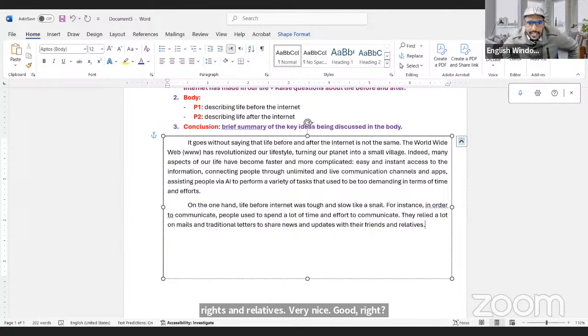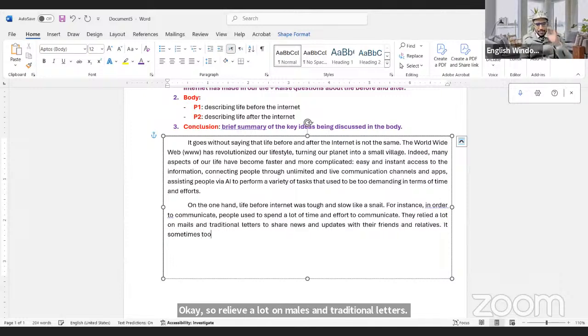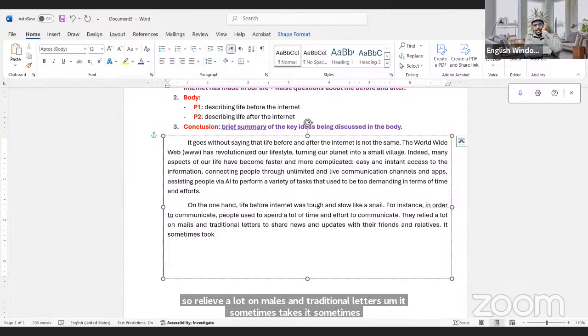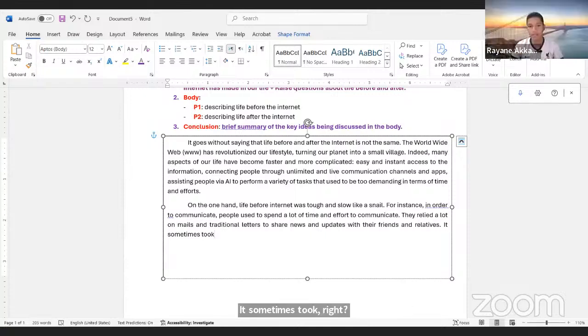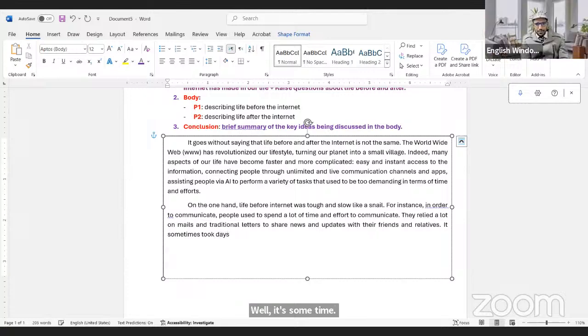So they relied a lot on mails and traditional letters. It sometimes took a lot of time to receive that. It sometimes took days and weeks.